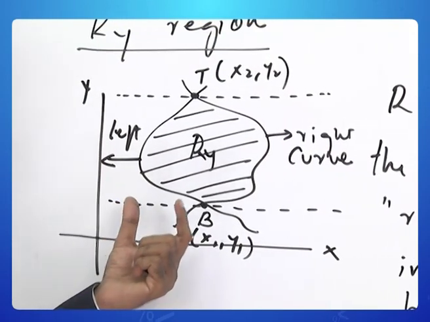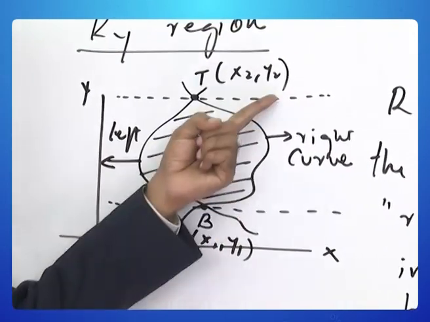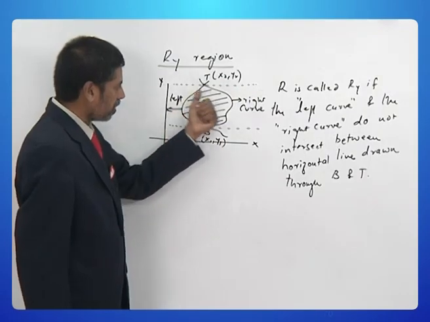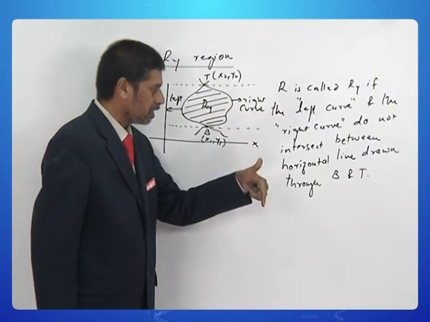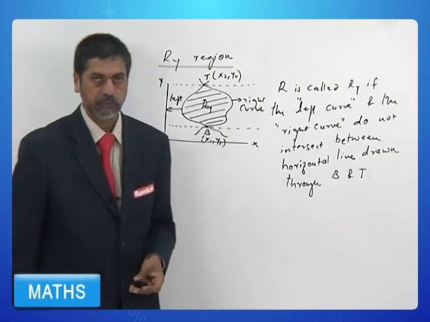So as long as between these two parallels the left curve and the right curve do not intersect, then the region is called an Ry region.